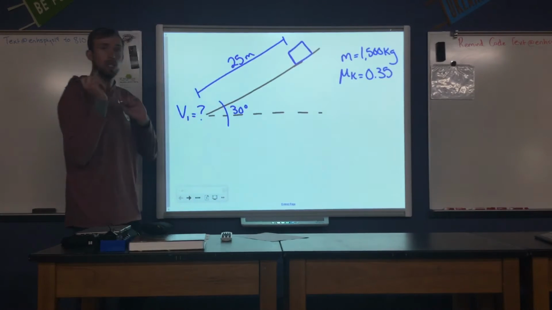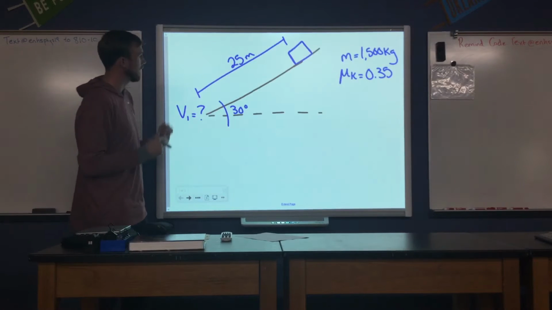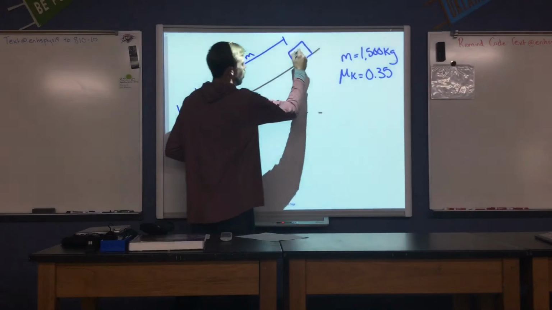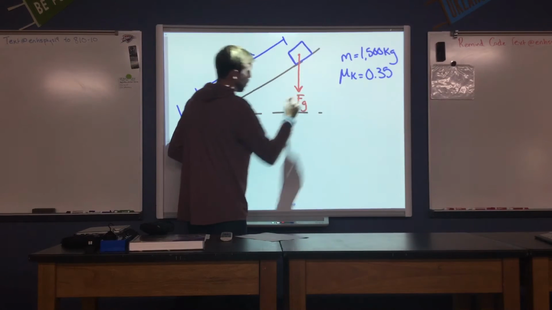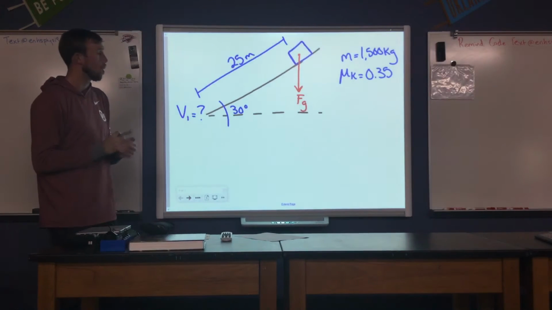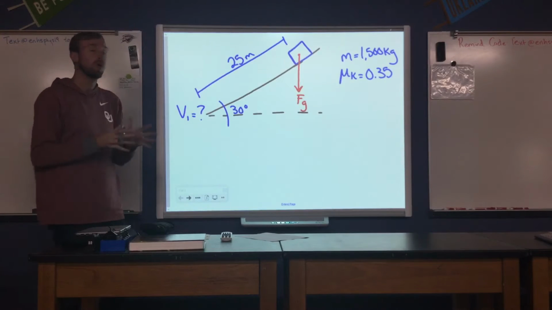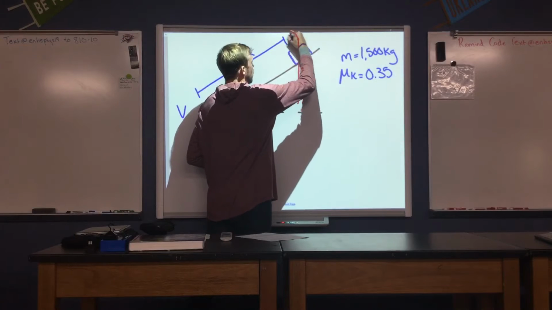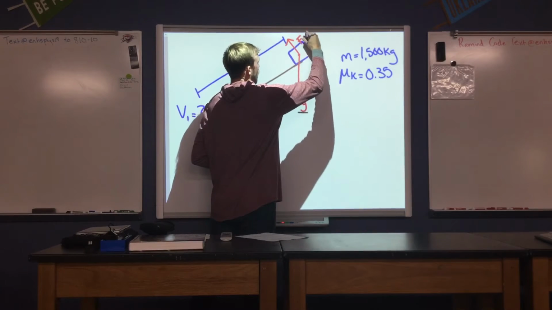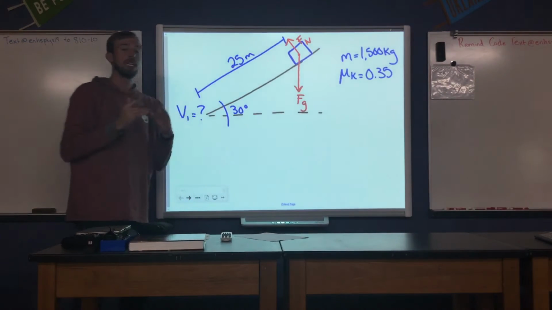I'm going to draw these forces in red so they stand out better. Since we are on the Earth, we have a force of gravity acting on our car that is always straight down toward the Earth. We also have a normal force. Remember, we've defined this as a force of contact between any two objects.